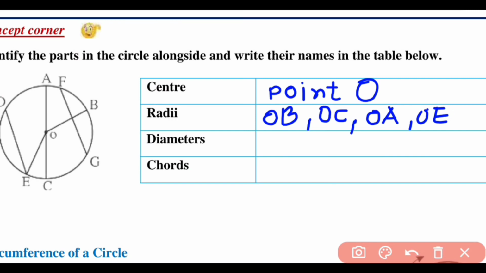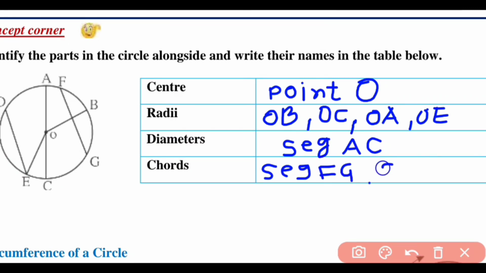So the diameter is segment AC, and chords are, which 2 chords have we seen here? Seg FG and seg DE are 2 chords.